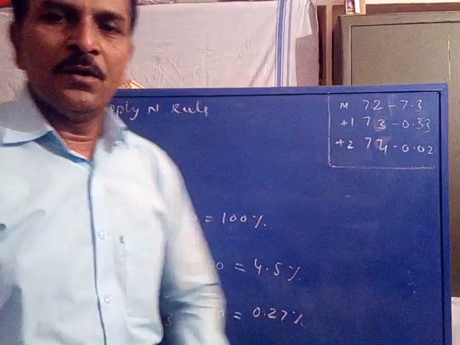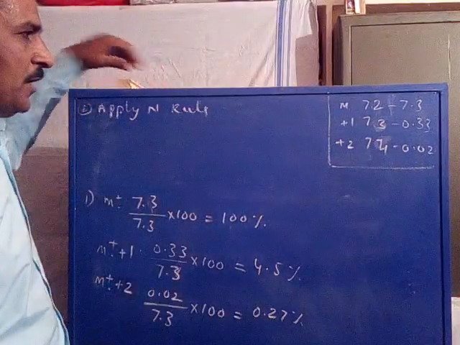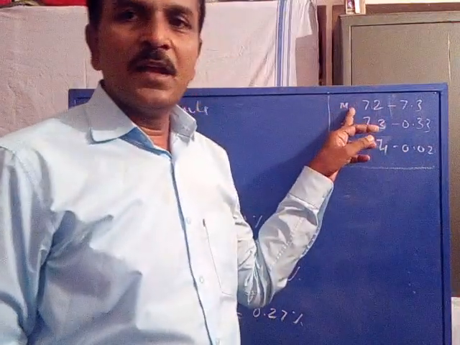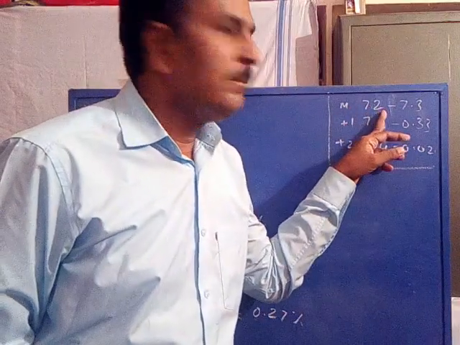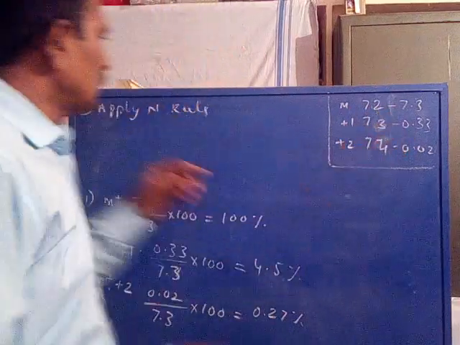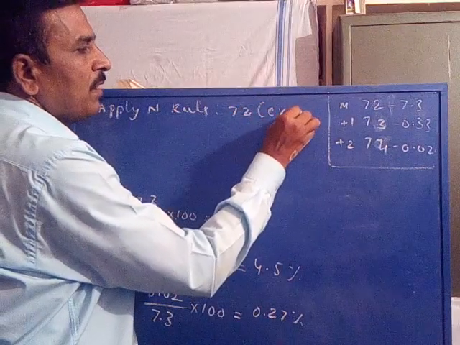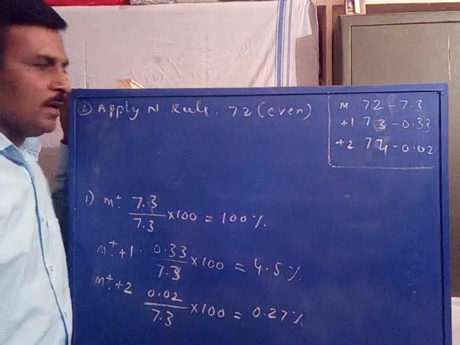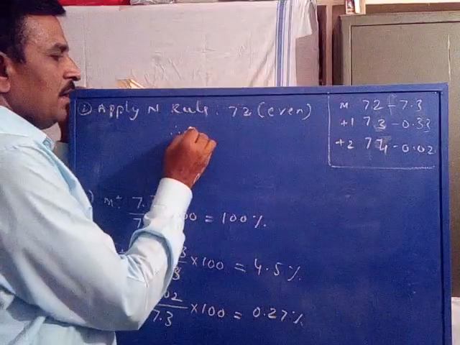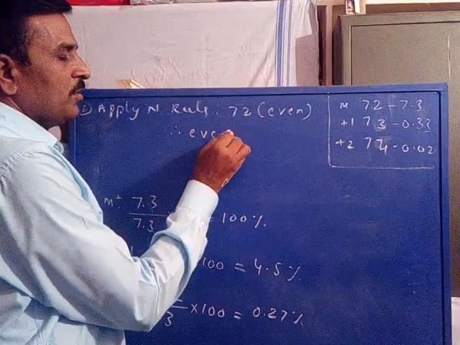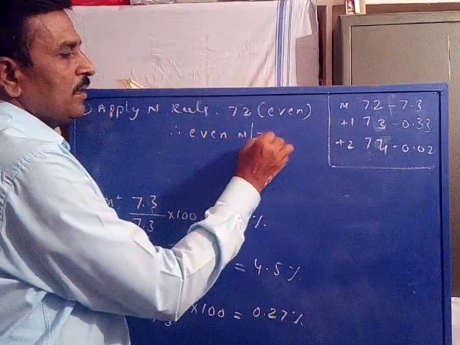Apply nitrogen rule. According to the nitrogen rule, the molecular ion has m/z value 72. 72 is an even number, which means there may be an even number of nitrogen or zero nitrogen.